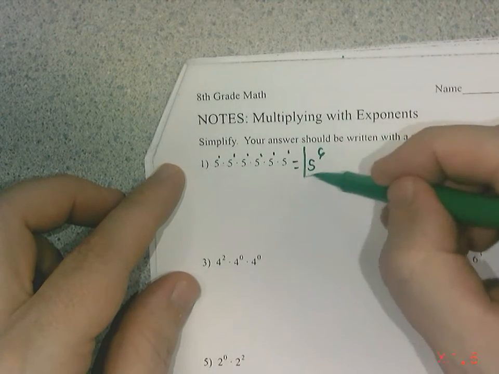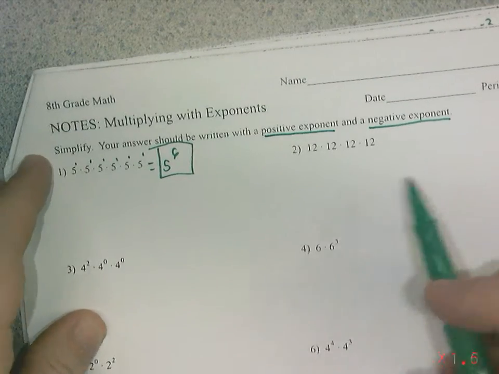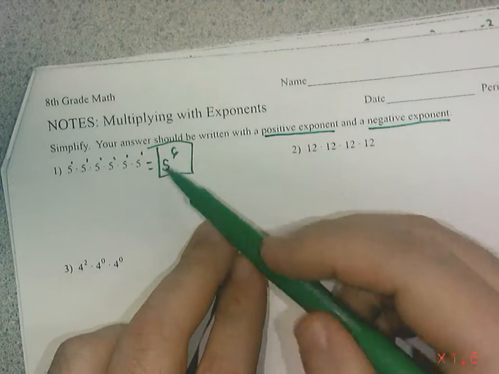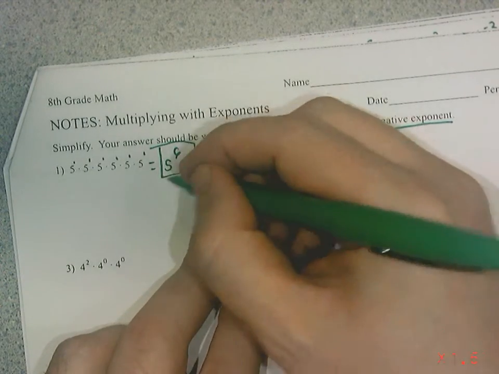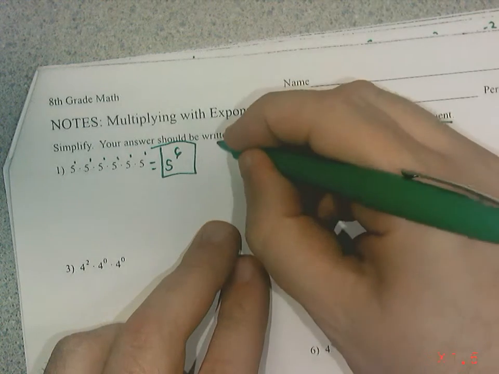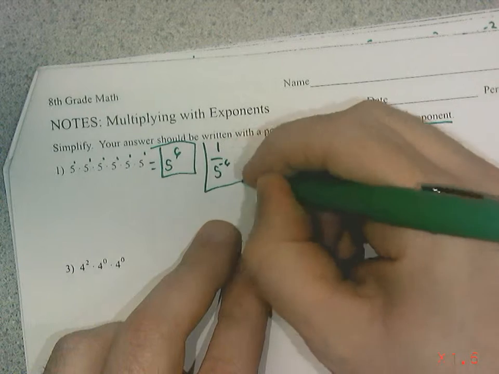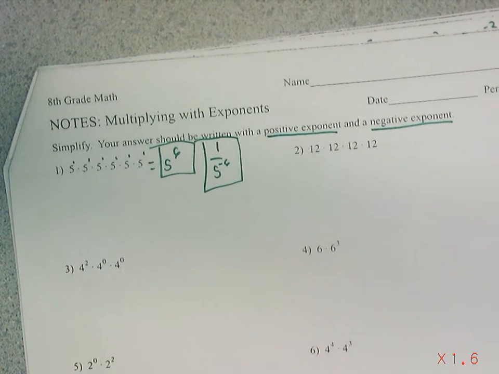So there's one answer. The other answer is the negative exponent version of that. So if I want to make him unhappy, he's got to go downstairs, right? It's got a 1 underneath of it, so you would flip it and it becomes 1 over 5 to the negative 6. And that would be the unhappy version, or the negative version. And those would be my two answers.